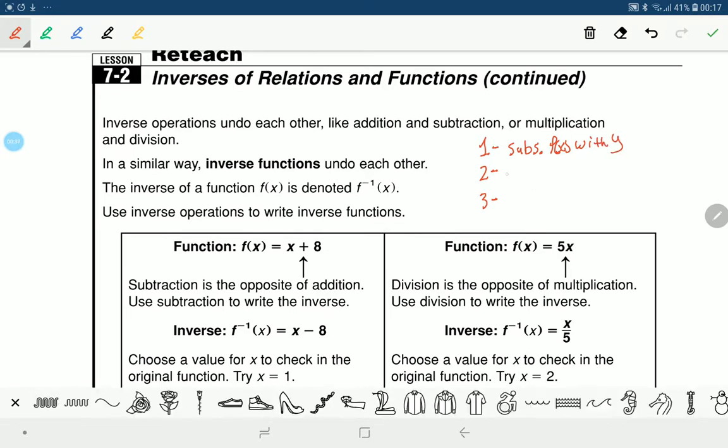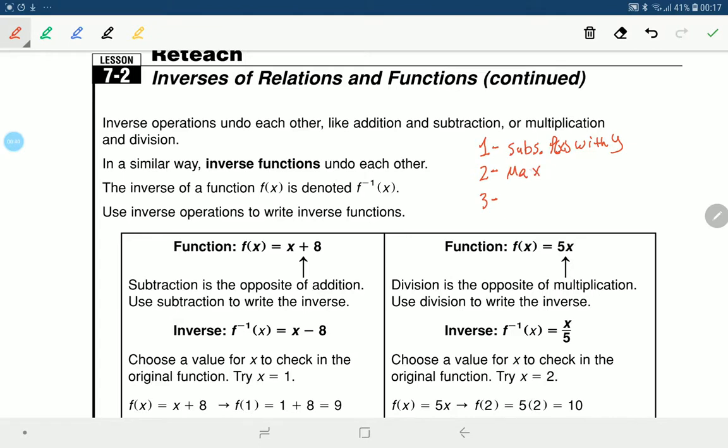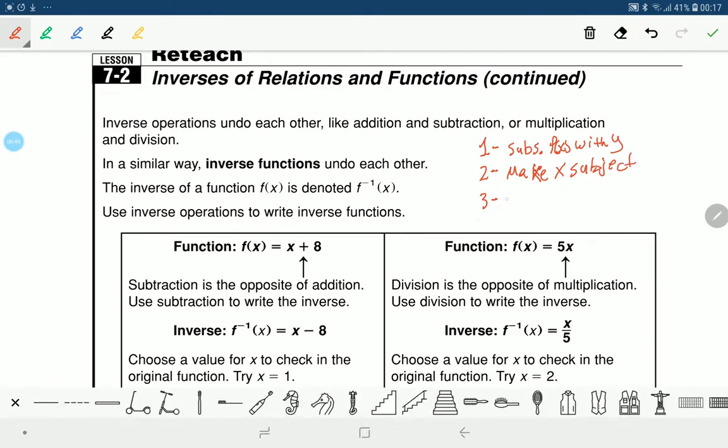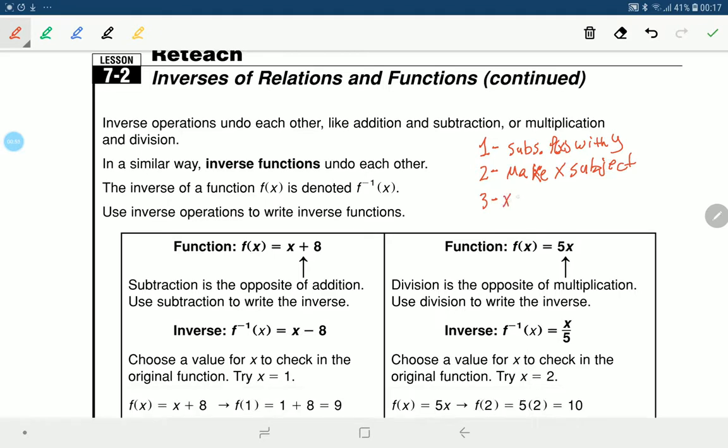Second step, make x the subject. Third step, the x will be the inverse, and y will swap with x.